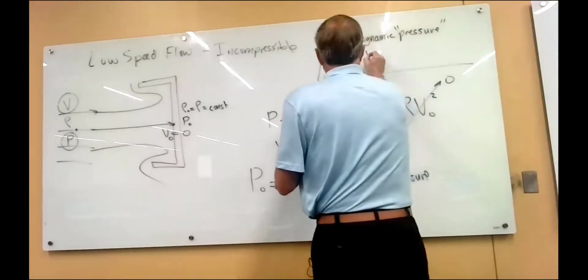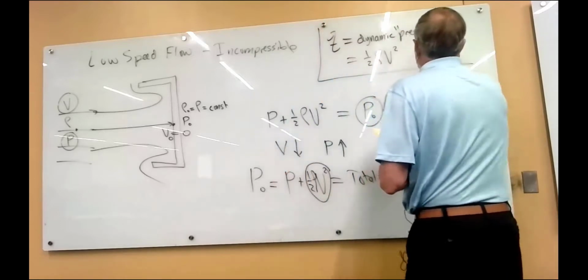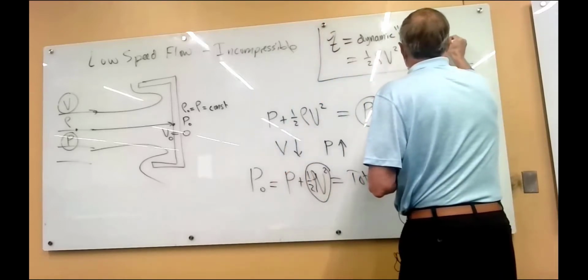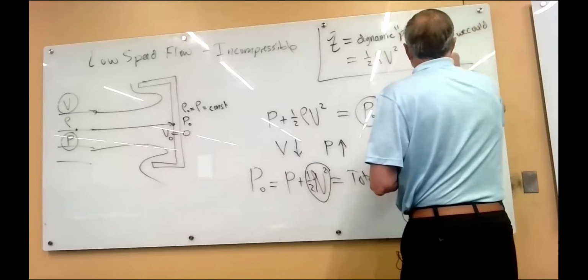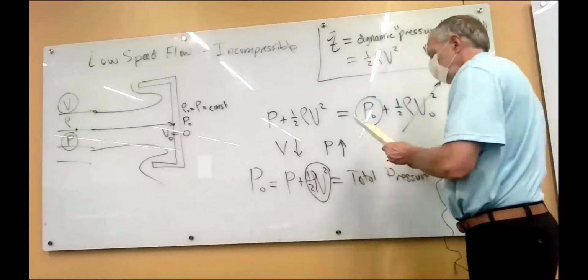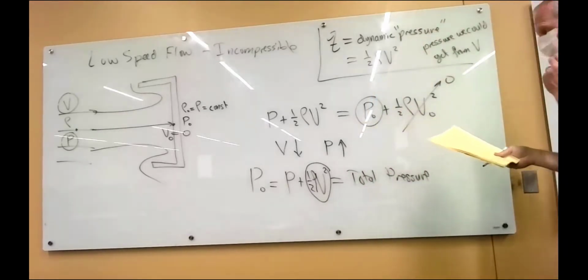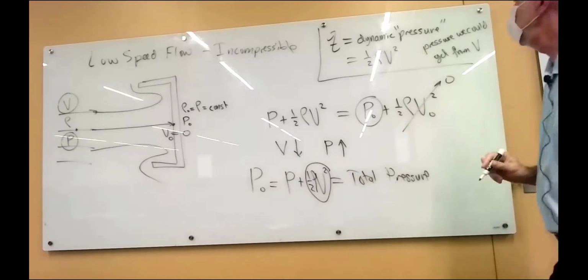And it is 1/2 rho v squared. So it's the pressure we could get from the velocity. So these are important definitions that you'll need throughout your career.